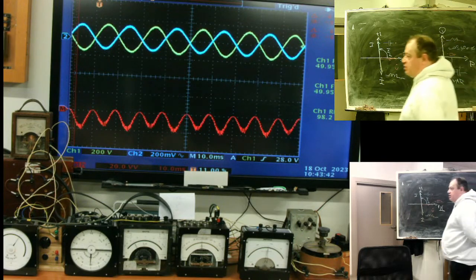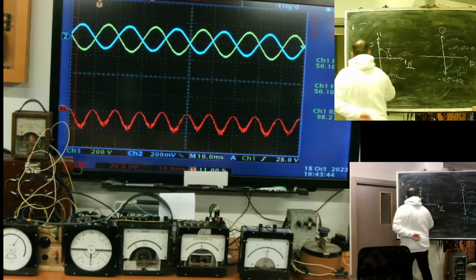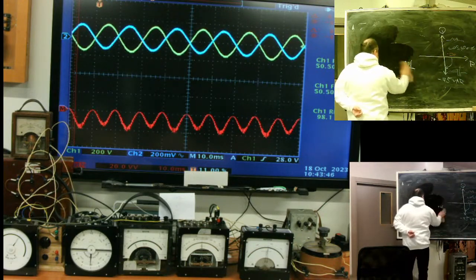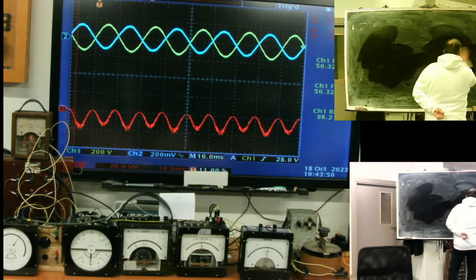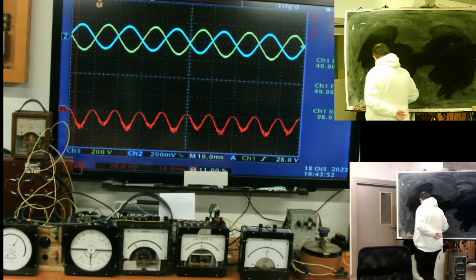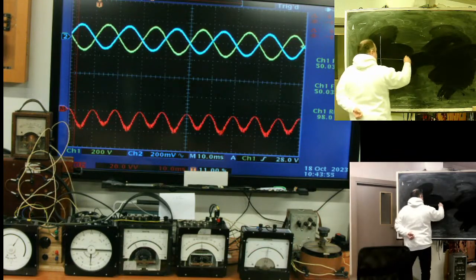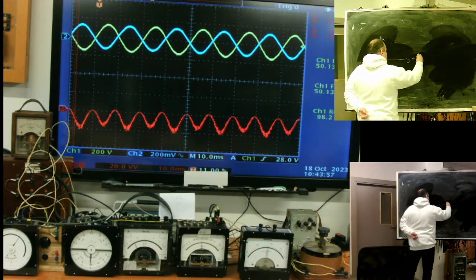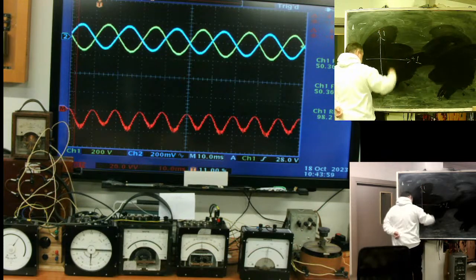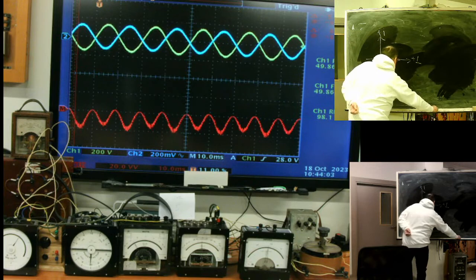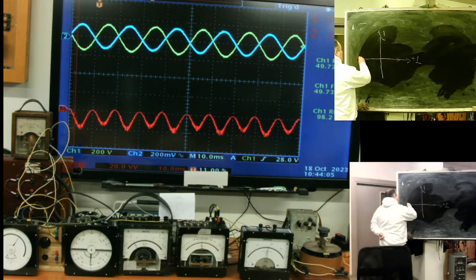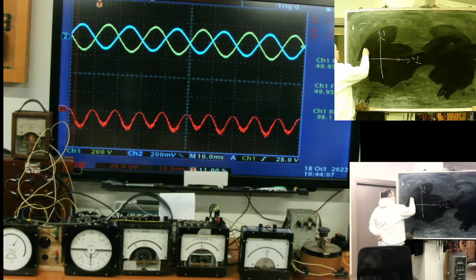They are in opposition. Voltage here, current in opposition.